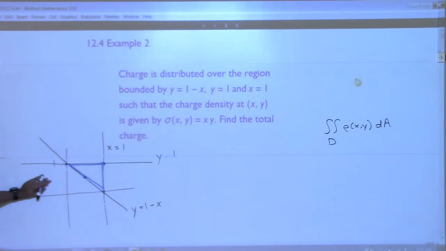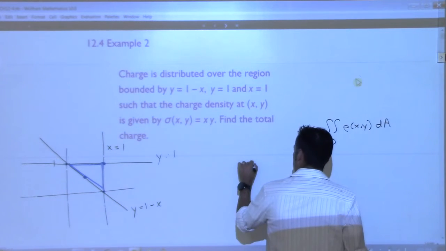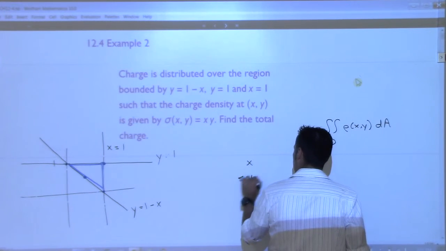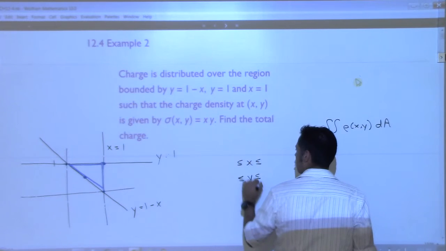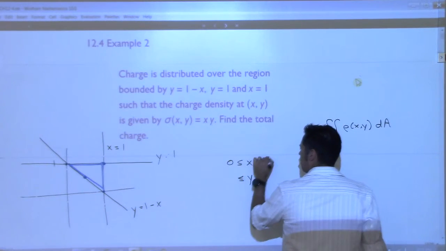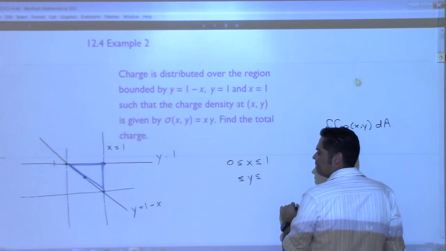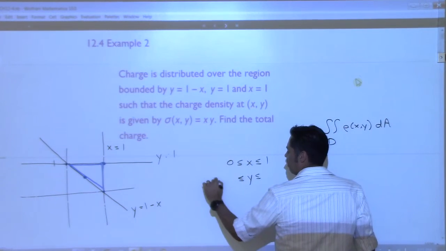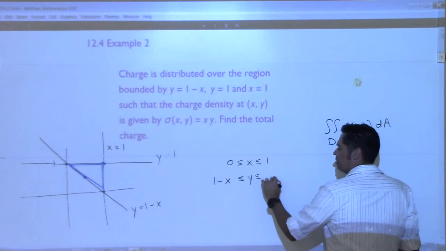So now I figure out my restrictions on x and y. What about x? It's from 0 to 1. And what about y? y is greater than 1 minus x, and less than 1.